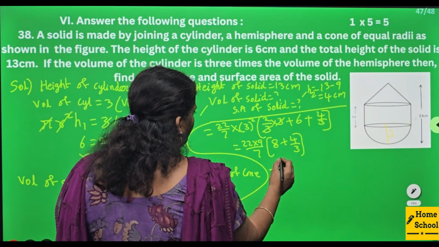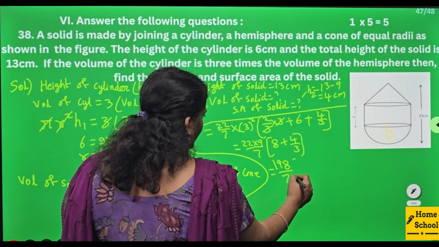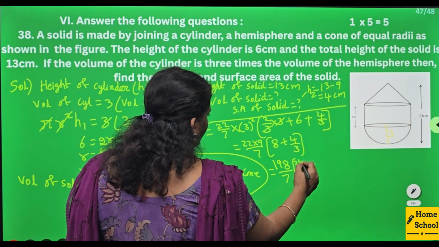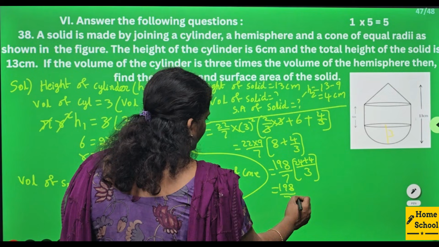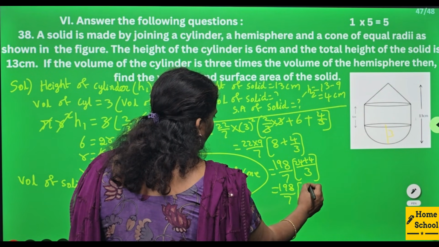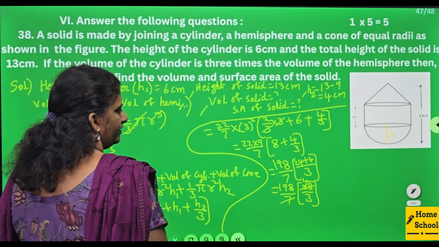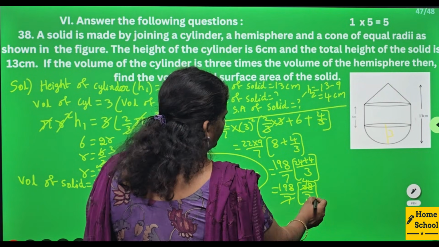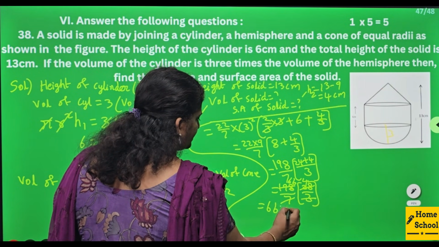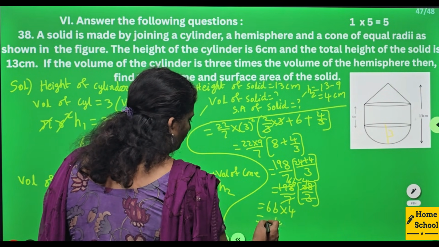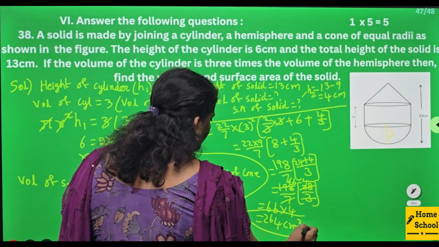Now do LCM here and this you multiply. 198 by 7 into do LCM, 24 plus 4 by 3. 198 by 7 into 28 by 3. 7 4s are 28 and with 3 you can cancel. 3 6s are 198. Finally, 66 into 4, 264 centimeter cube is the volume of the solid.